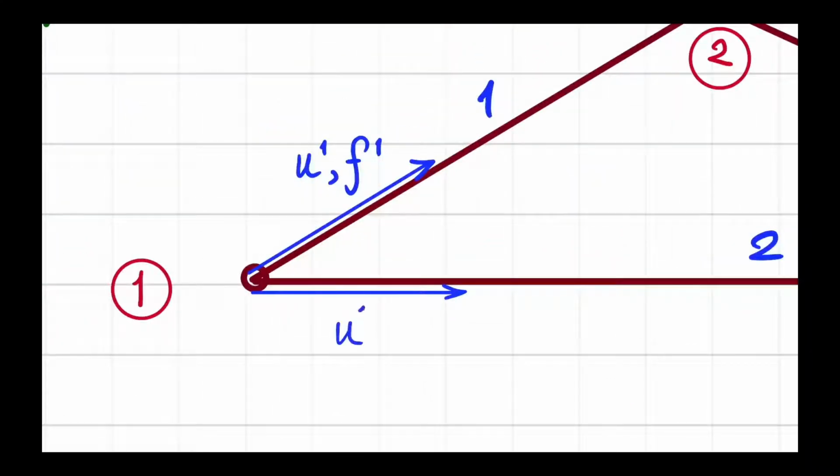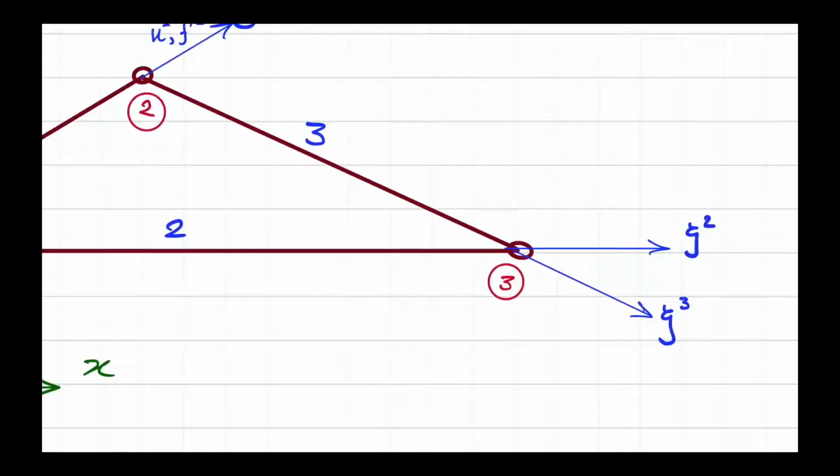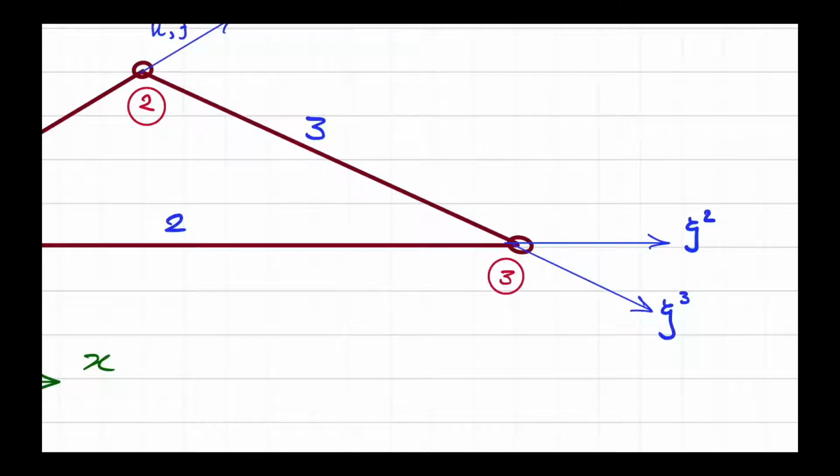You are going to have U1 and F1, but these two variables are from member number 2, and they are aligned with the C2 coordinates. So we have U3 and F3.